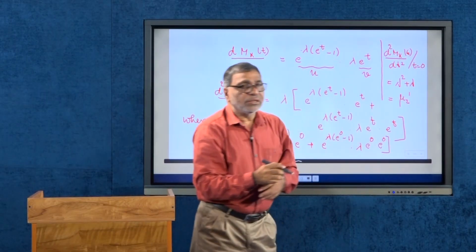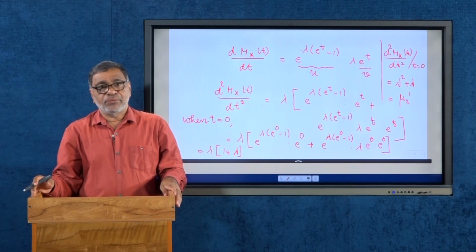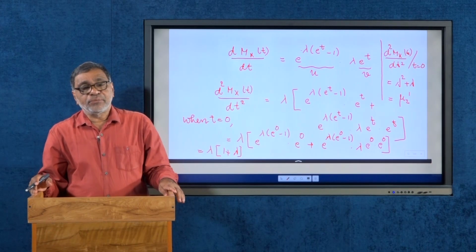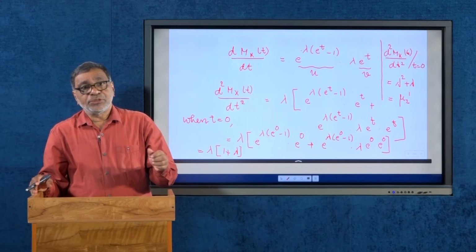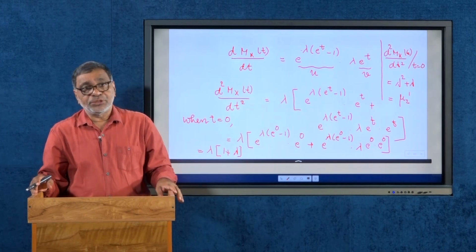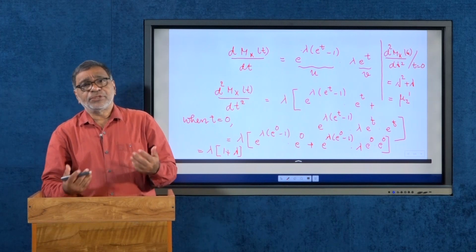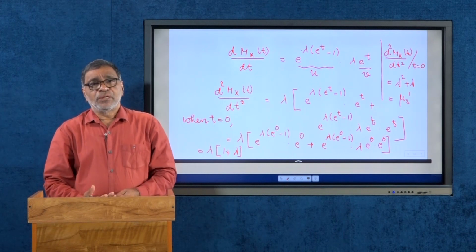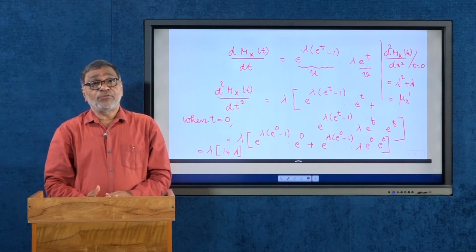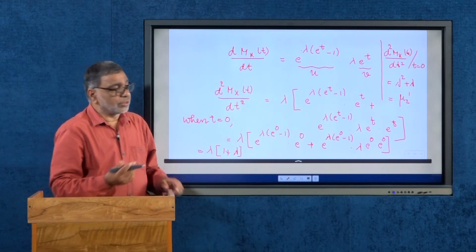This we already derived using the usual practice of derivation of the arbitrary moment, but here we derived the second arbitrary moment based on the derivative of the moment generating function. Similarly, you can find any arbitrary moment of the Poisson distribution by finding the derivative of the moment generating function and putting t equal to 0.